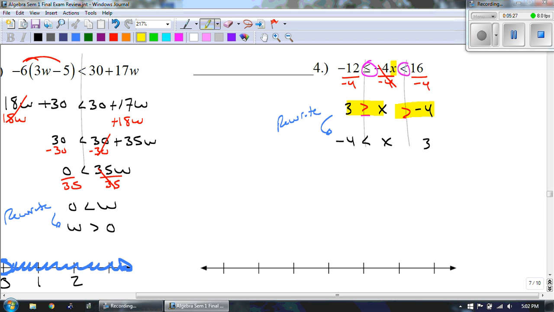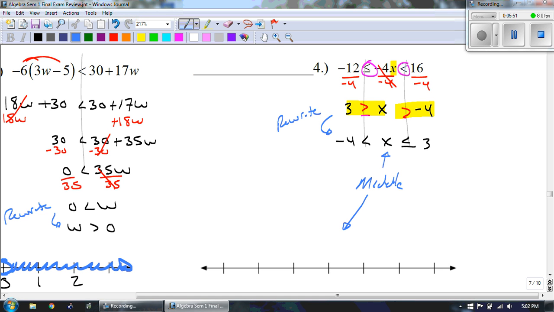And between the 3 and the x, we are pointing at the x, and that's the one that has the line underneath it. So when the x is in the middle, I am going to shade the middle.